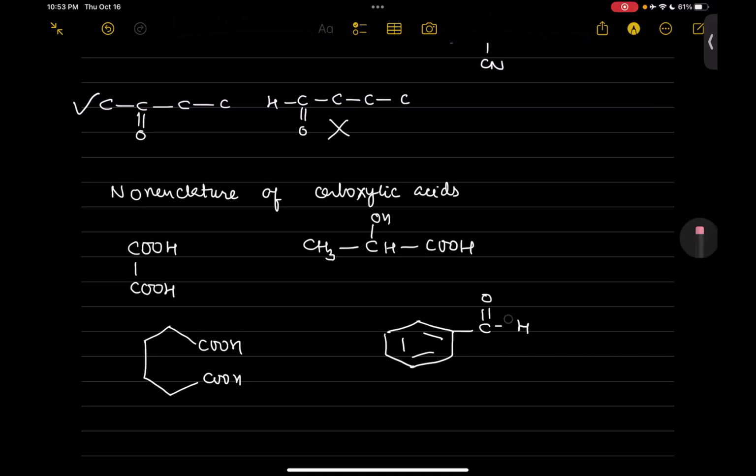And the IUPAC names also you need to know. Is it clear or not? Acetic acid you very well know. Ethanoic acid. So just quickly tell me the common name and the IUPAC name of these carboxylic acids.